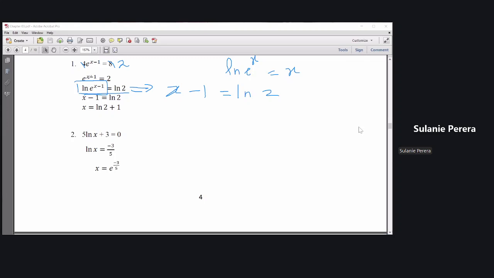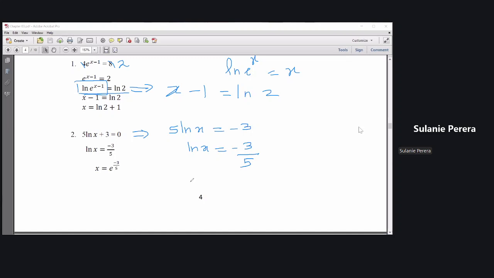Second problem, how do I solve? So 5 ln x equals minus 3, ln x equals minus 3 over 5. Now I have to remove this ln.